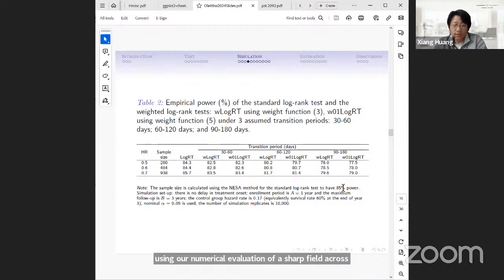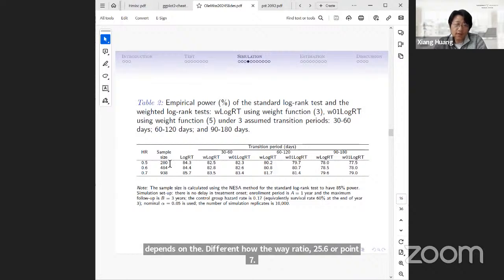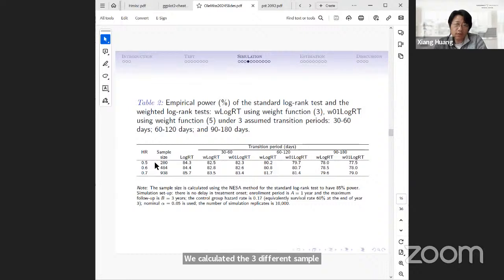We suppose the power is 85%, and we use our formula to calculate the required sample size. We tried 3 scenarios, depending on the hazard ratio: 0.5, 0.6, or 0.7.